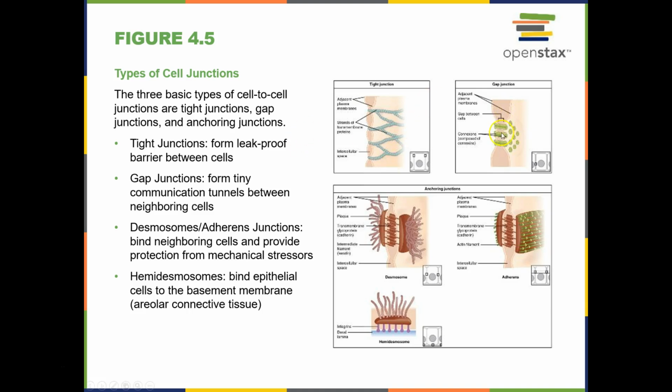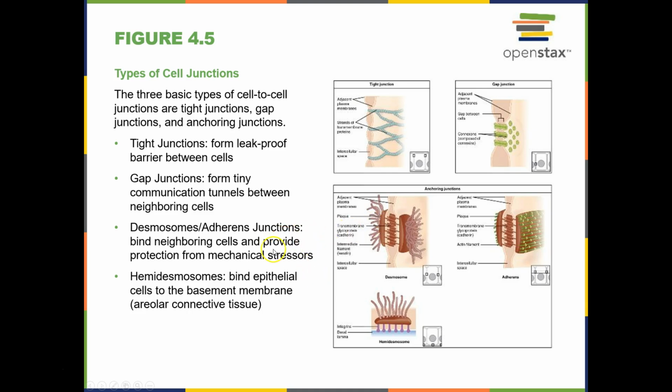Here you see these tiny little gaps, little holes that allow for communication between one cell and another cell. We'll see these in our neurons as well as in cardiac muscle and in epithelial tissue.